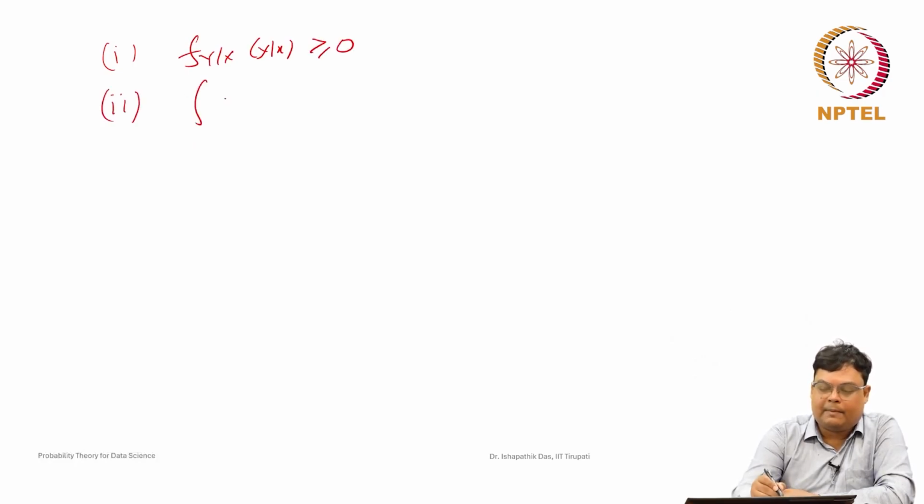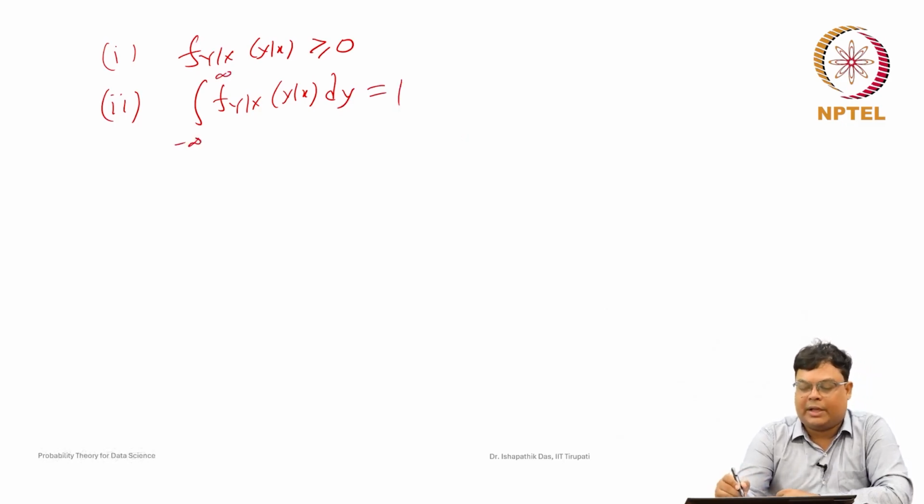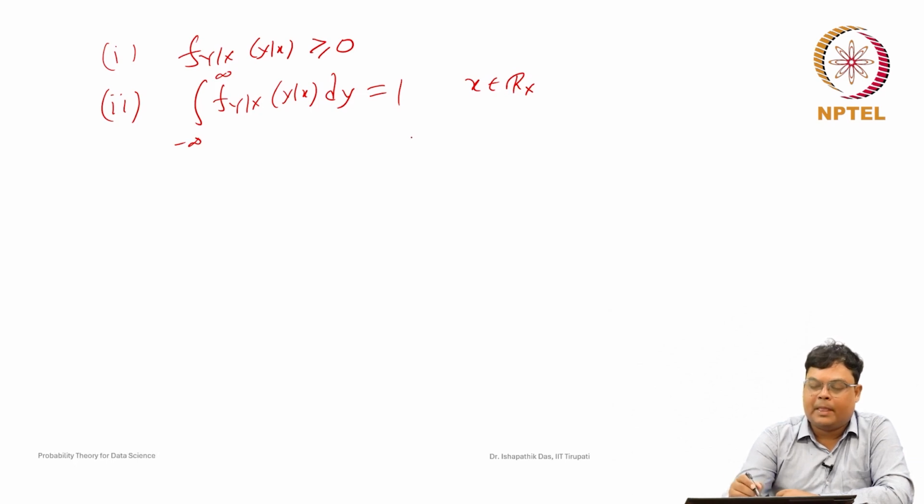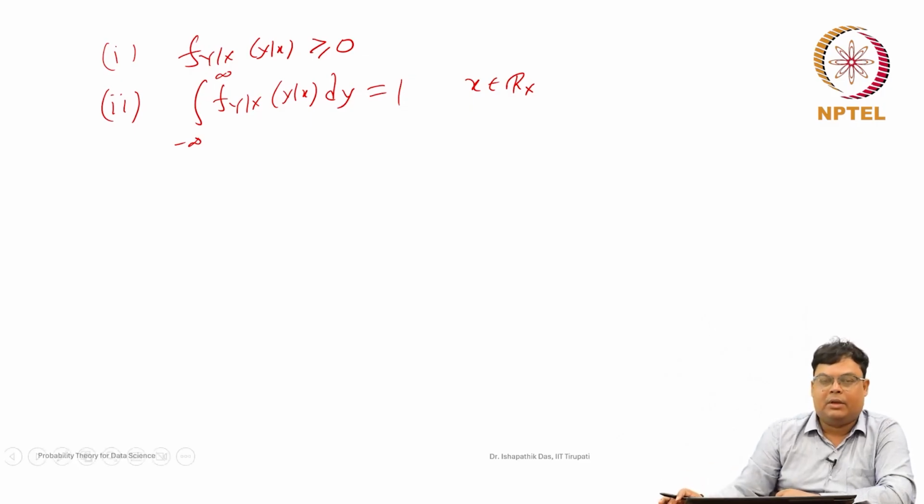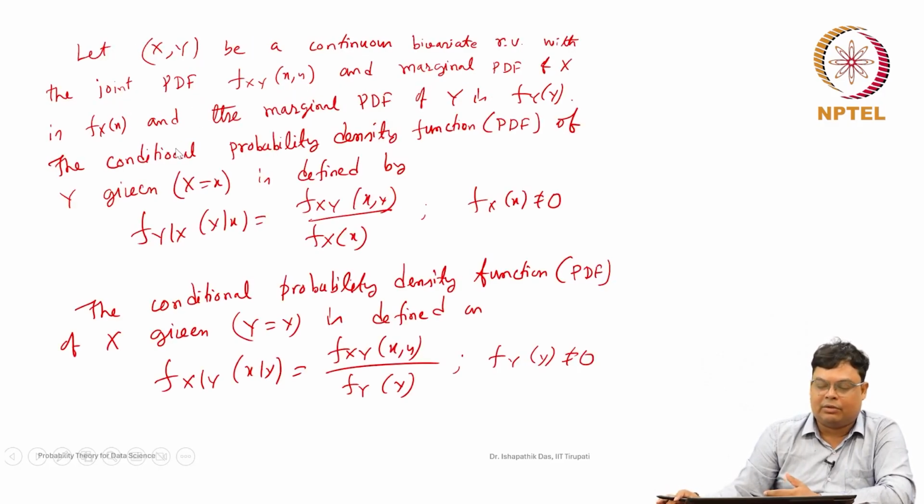Also, fixing any value of x, the integral of f of Y given X dy from minus to plus infinity, because it is a density function, should equal 1, where x belongs to the range of X, because otherwise the marginal density function f_X(x) will be 0. So, x has to be inside the range, then only this is defined, and this integration will be equal to 1. For the other cases it is defined similarly. It is very similar to the discrete cases, with the definitions for continuous cases.